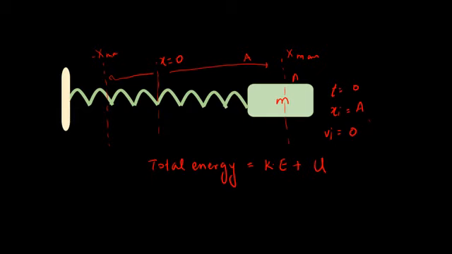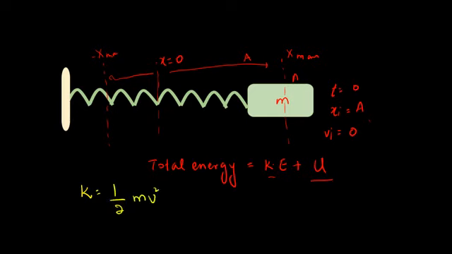Now we will define the kinetic energy and the potential energy of this simple harmonic oscillator. First, the kinetic energy is equal to 1/2 mv squared.